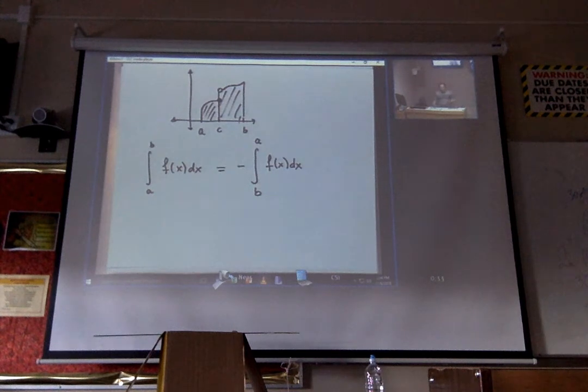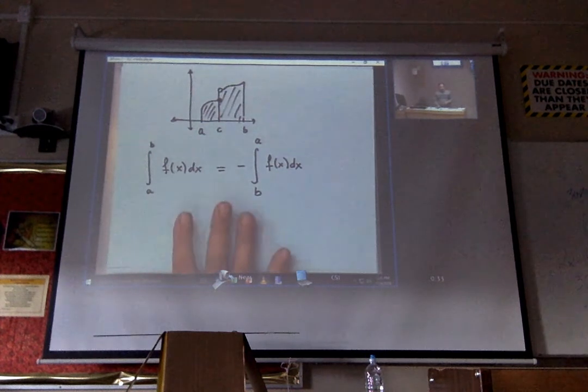Now if you switch these, you're going to say a minus b. And in this case, delta x will be negative, and that's why the integral is negative. Again, why is a minus b negative? Because b is still larger than a. Good, simple.